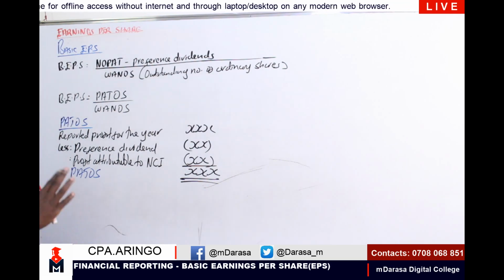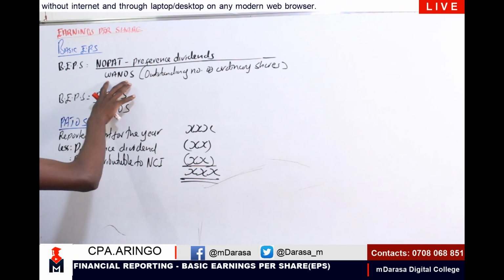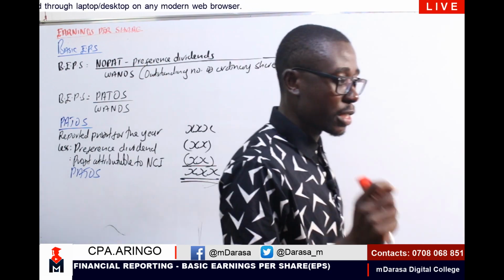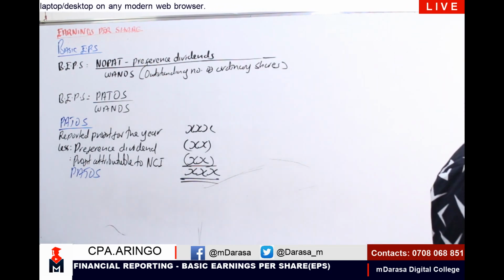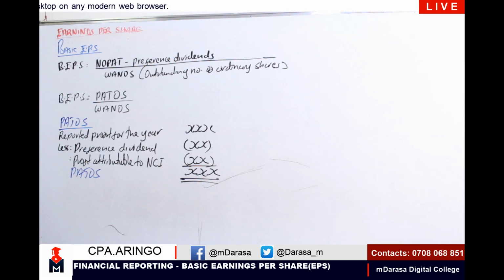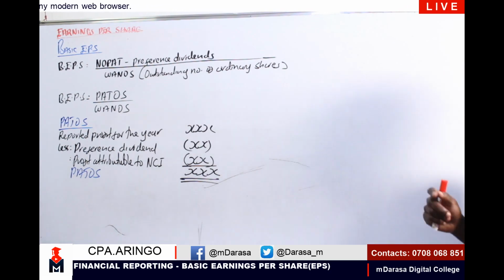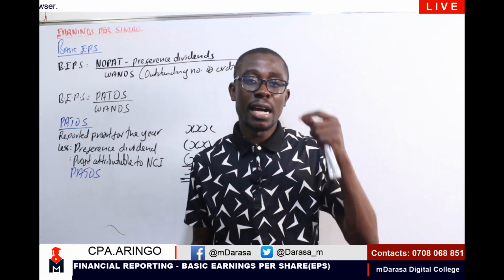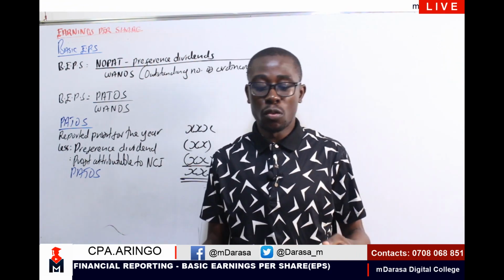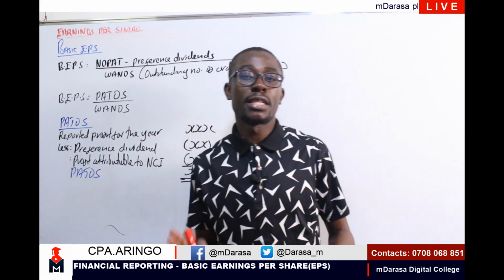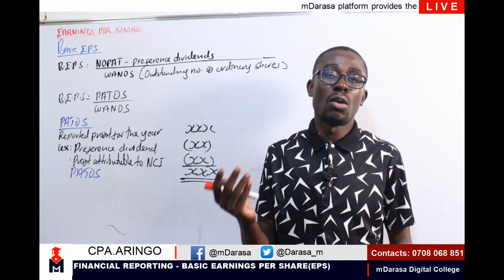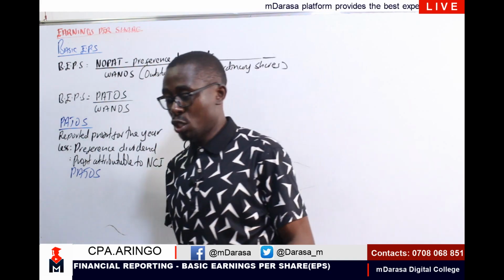What we must understand most importantly is how to arrive at the weighted average number of ordinary shares, because it simply represents the outstanding number of ordinary shares weighted for time factor. That is to say, maybe during the year I have a number of ordinary shares, then we issue a certain number of ordinary shares during the year. How will that impact our final number of ordinary shares?